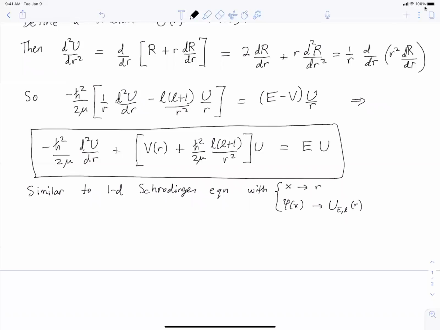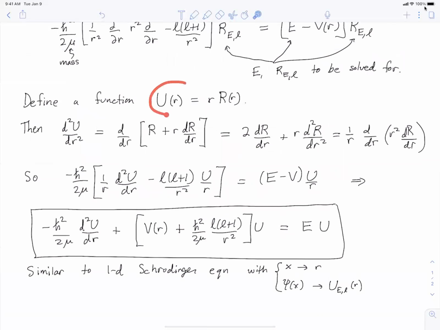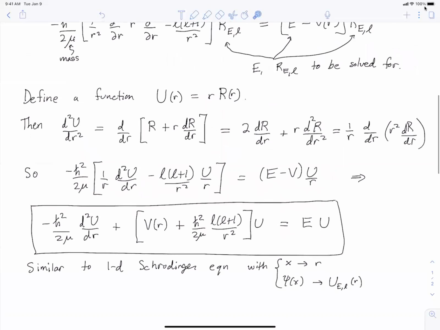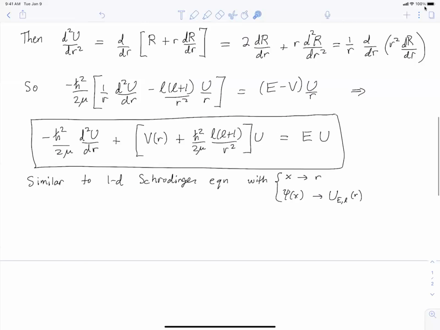Okay, and then once we solve for u, we have to remember that we need to go back up here. To get the radial coordinate, we have to take that and divide by r. But then there are two other changes that we have to keep in mind. One is that unlike in a one-dimensional problem where typically x goes from minus infinity to infinity, we have instead that 0 is less than or equal to r is less than infinity.